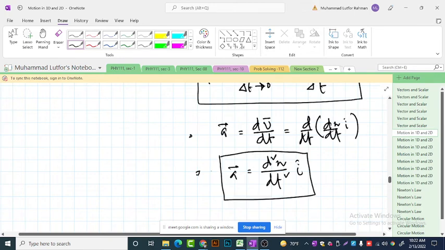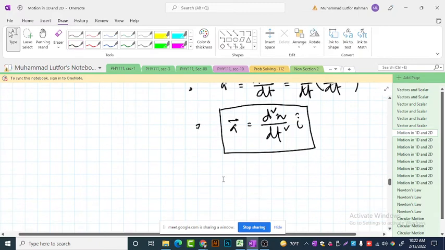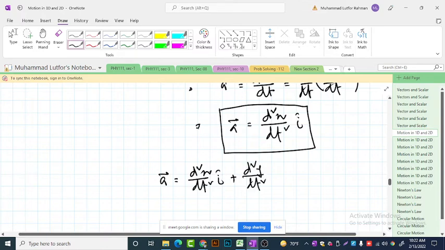So that means if you know the position function, and you take the second time derivative of that function, then you can find the instantaneous acceleration of the particle. If it is 3-dimensional, you have to add another component. So this is d square x dt square i hat plus d square y dt square j hat for 2-dimensional.